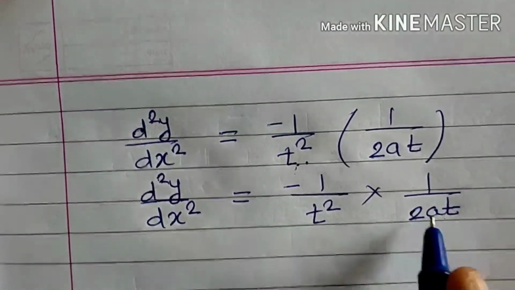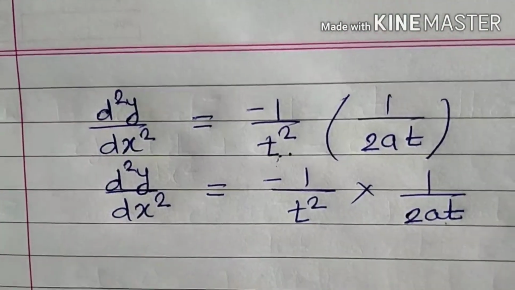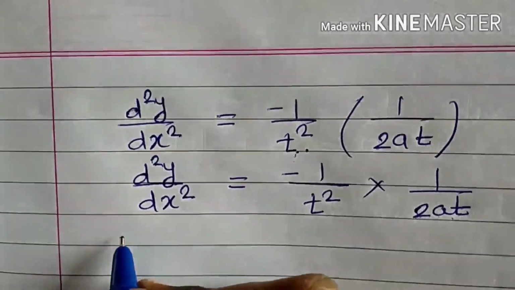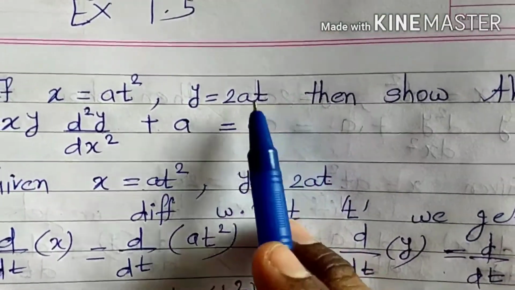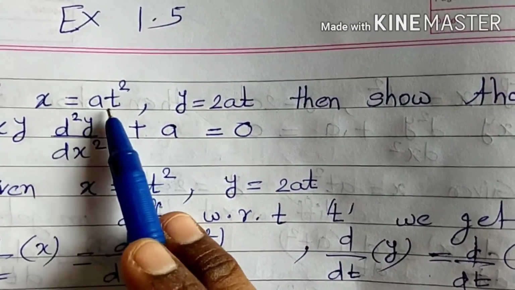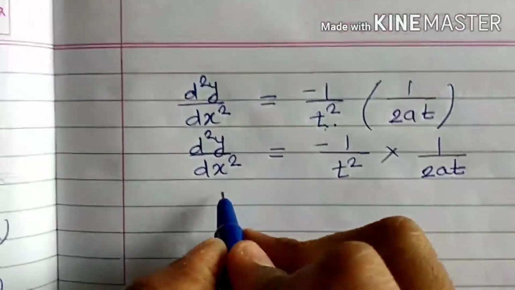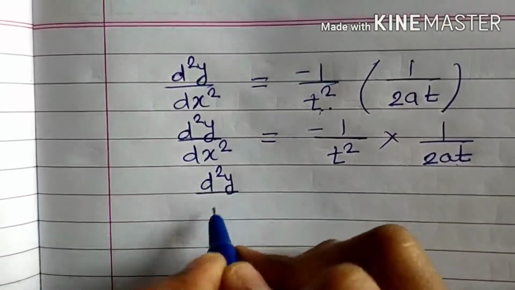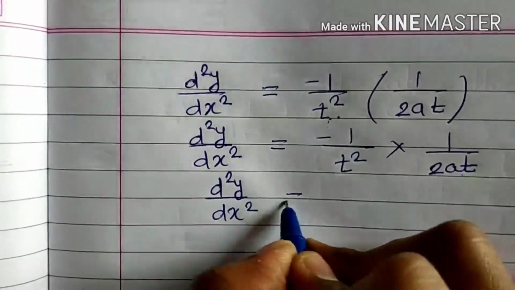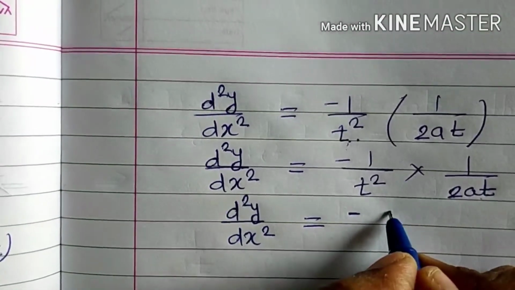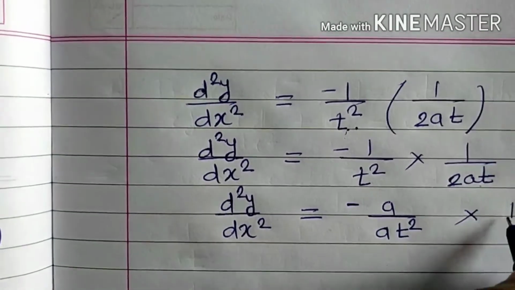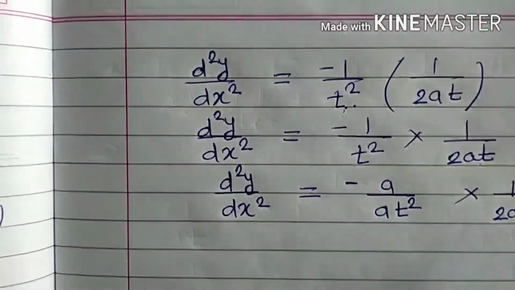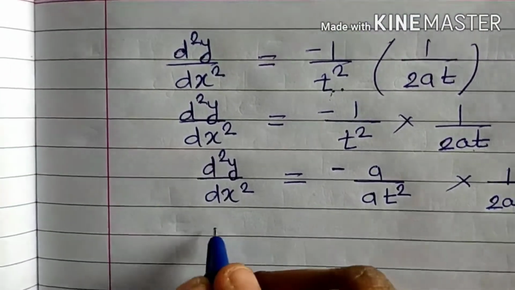Now you can remove the parameter using the given equations. If x is equal to at square and y is equal to 2at, we want x equal to at square, so we want to adjust this a. It is equal to minus a upon at square into 1 upon 2at.